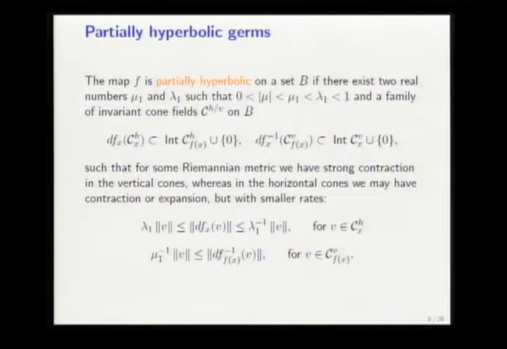In the vertical one you have a strong contraction dictated by the eigenvalue mu, and in the horizontal direction you have either weak expansion or contraction. So the contraction or the expansion is at weaker rates than the strong contraction. That's what those inequalities over there mean.